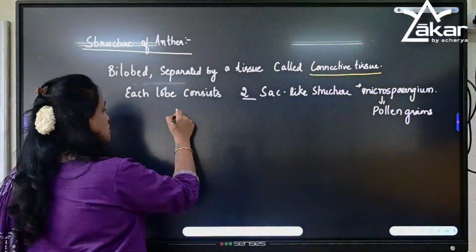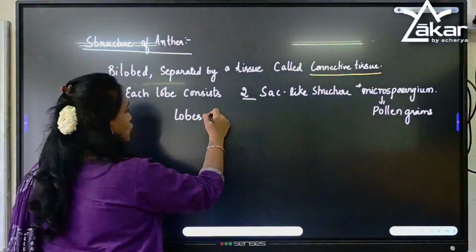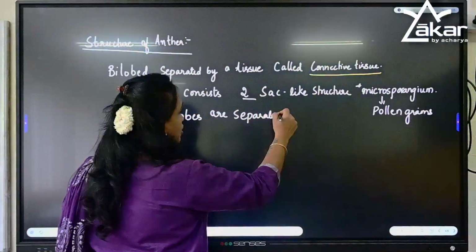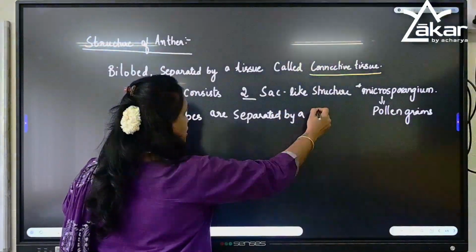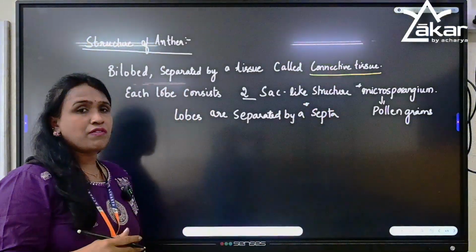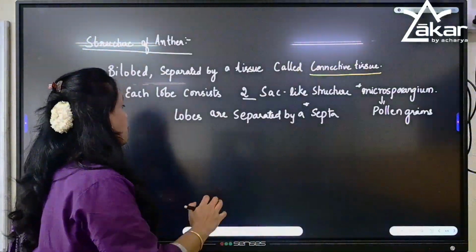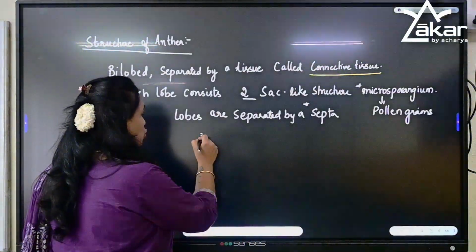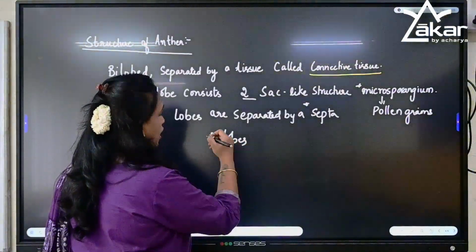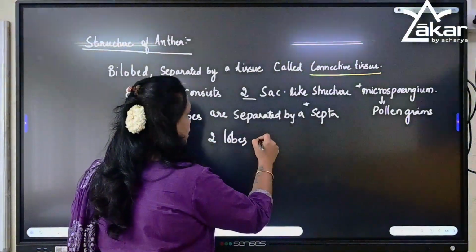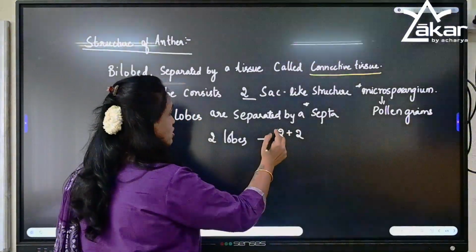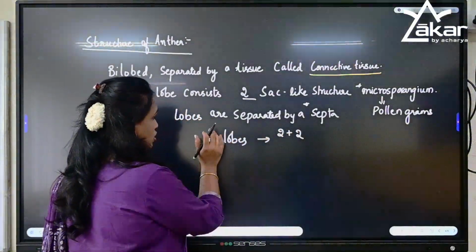Since lobes are separated by a septum, okay, by a septa. Septa means it's a division or compartment. Now, since we have two lobes in my anther, and each lobe contains 2 plus 2, right?